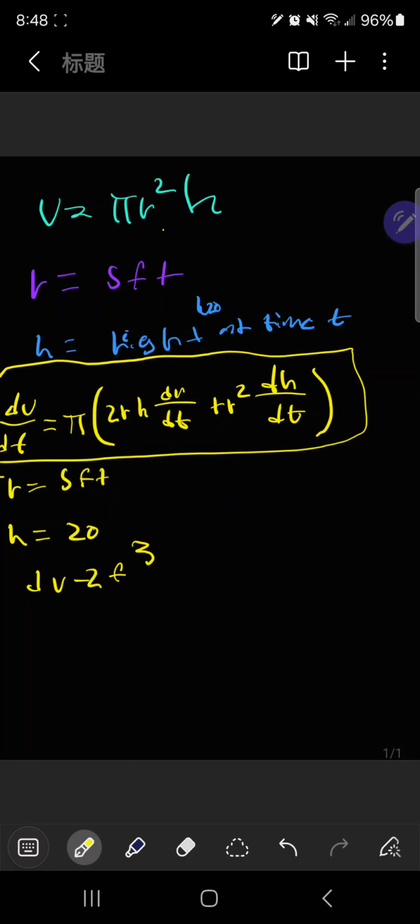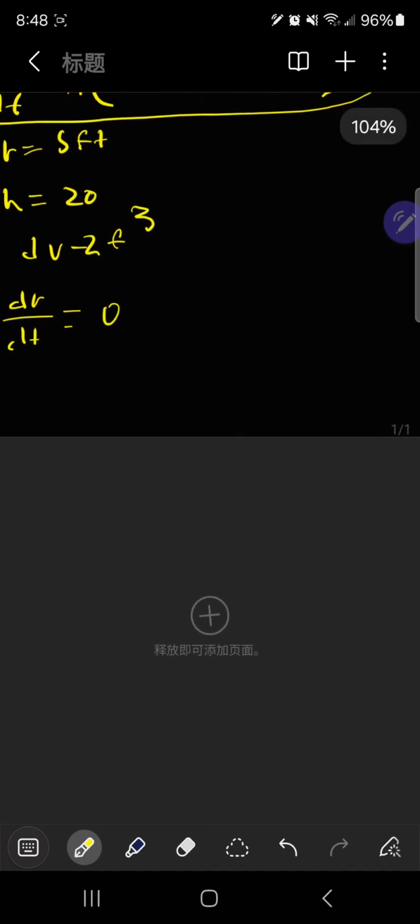So I know that. And then dr over dt is 0, because the radius doesn't change with time. Okay, so now let's go to the next page.